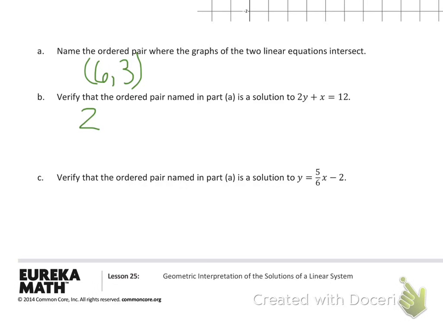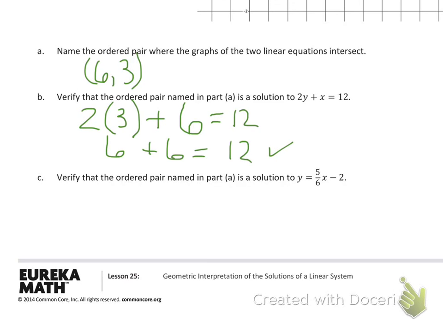So I've got 2 times 3 plus x, which is 6, equals 12. And this is 6 plus 6 equals 12, so it checks out. So the ordered pair 6, 3 is a solution to the first equation.